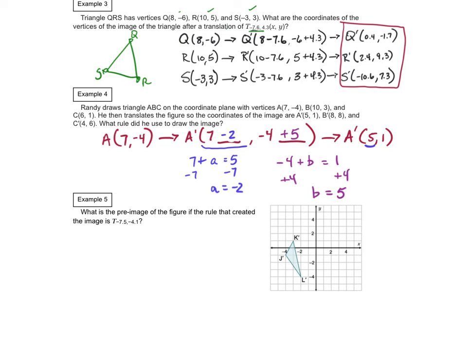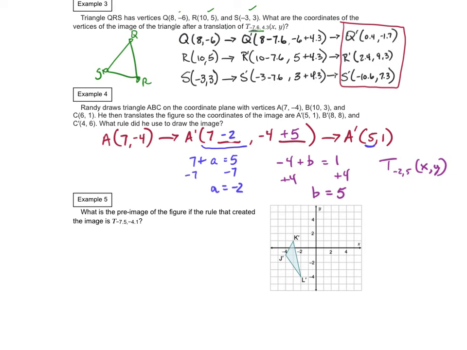So what rule did you use? Well, we could say that we translated (x - 2, y + 5), because what did it take for me to go from 7 to 5? I subtracted 2. What did it take for me to go from -4 to 1? I added 5. So that turns out to be my translation rule.